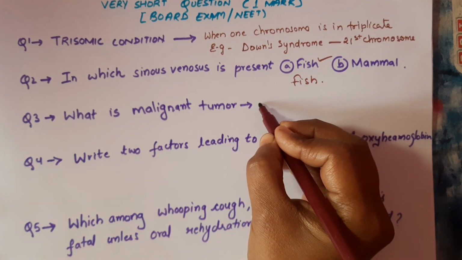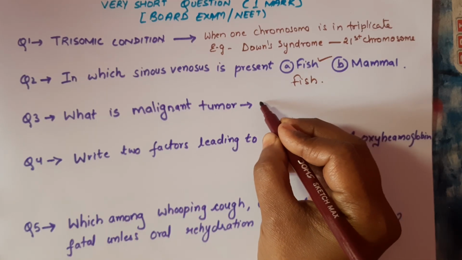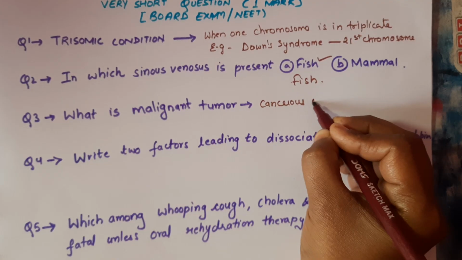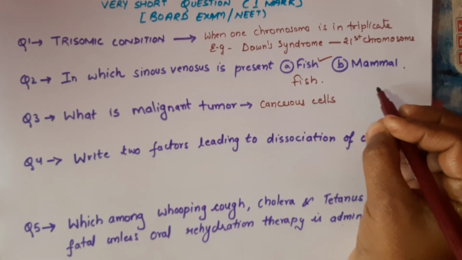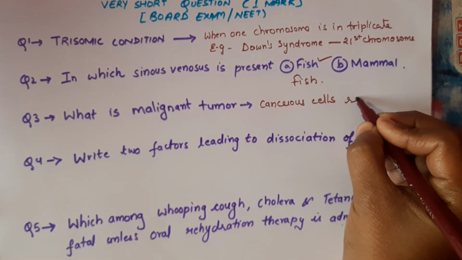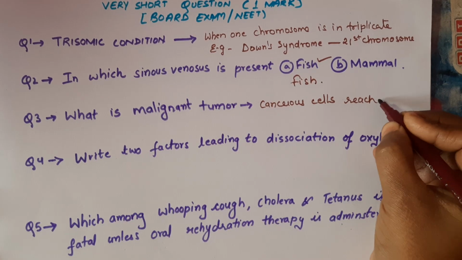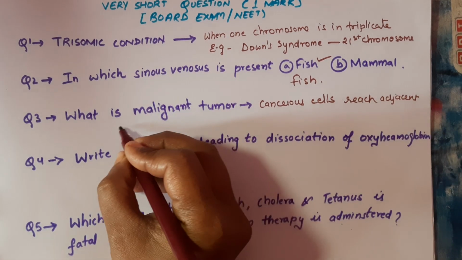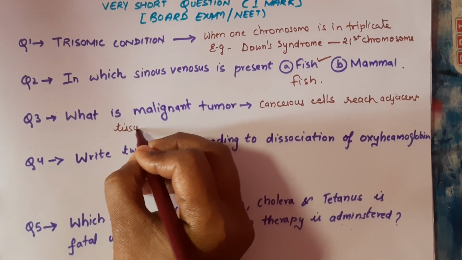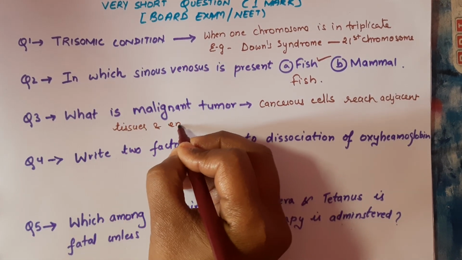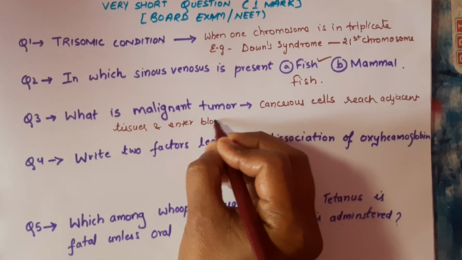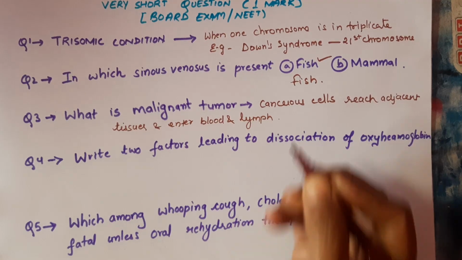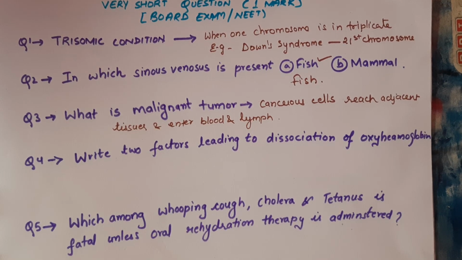So malignancy is defined as the condition when cancerous cells reach adjacent tissue and enter blood and lymph. Then that condition is known as malignancy or malignant tumor.